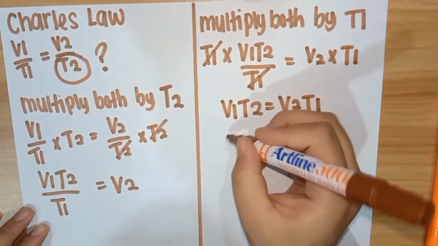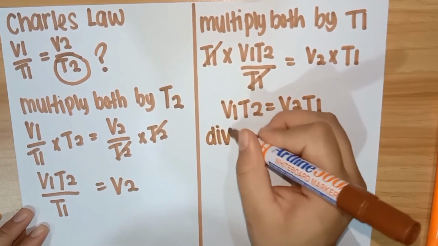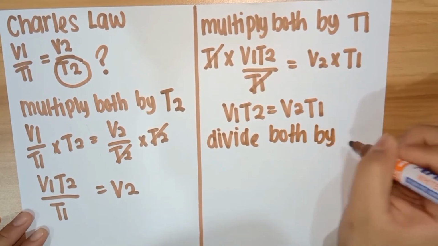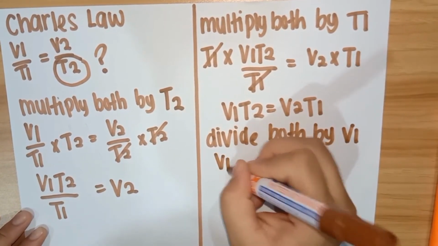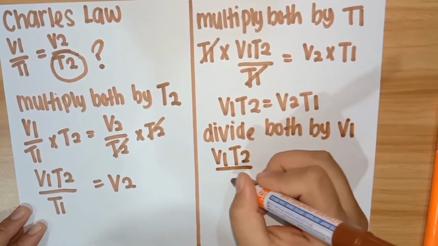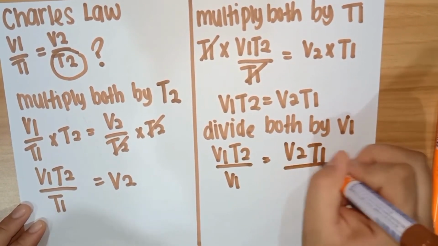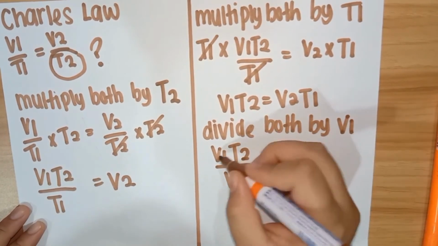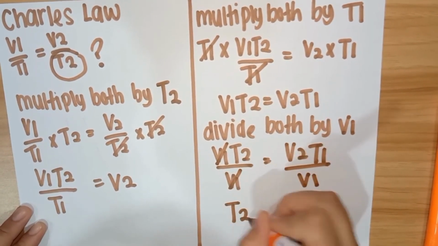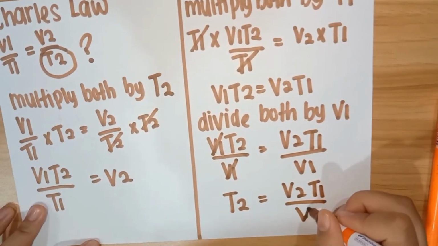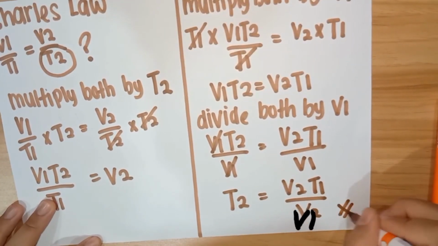Lastly, we need to move V1 to the right hand side, so we divide both sides by V1. Now we can cancel out the V1 on the left hand side, so the final equation we get is T2 equal to V2 T1 over V1.